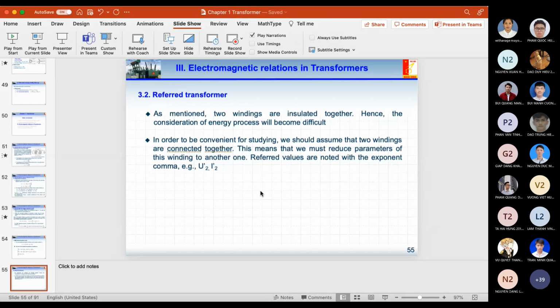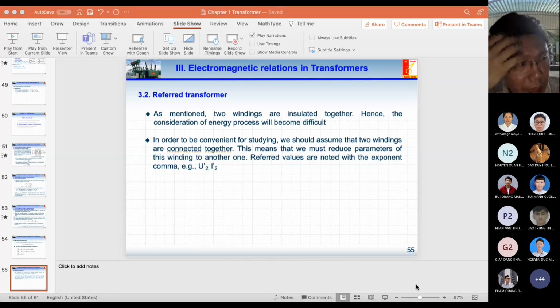If you come back to the single phase transformer, for example, you can imagine that we have two different windings, the primary winding and the secondary winding, and the two windings are not connected together.